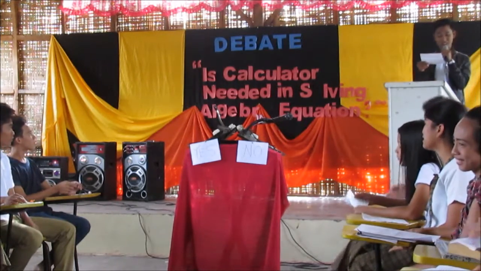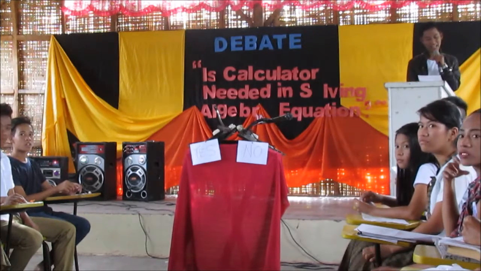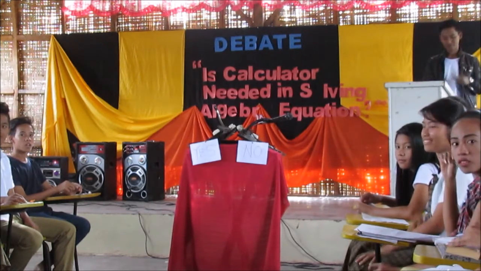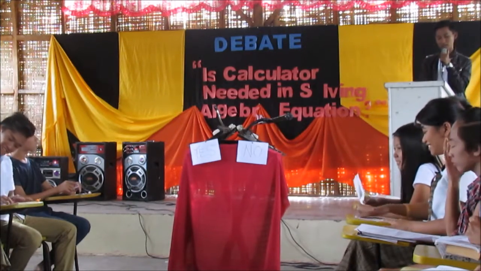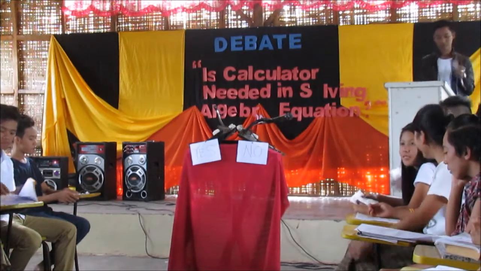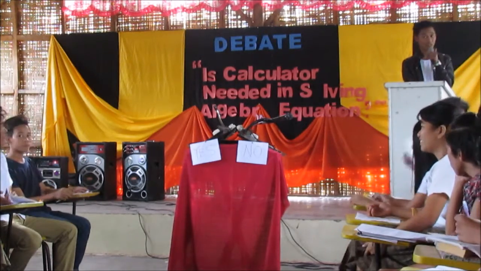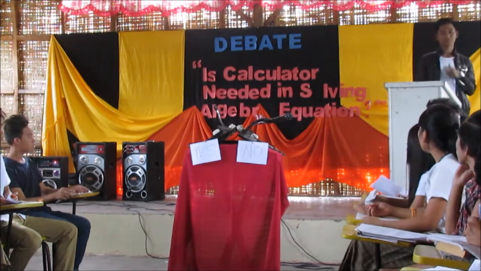We have also Antonio Kuma, who will act as our timekeeper for this activity. Each team will be given a maximum of 1 minute to present their ideas. Shall we start? Let's begin with our proposition team.